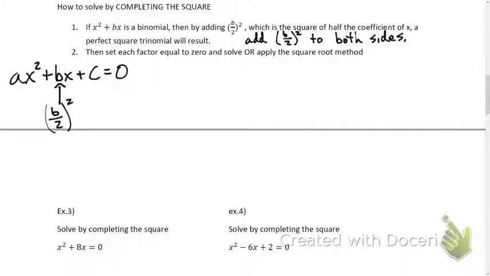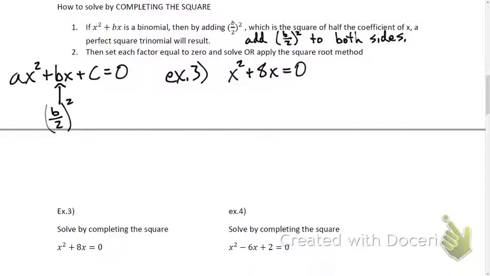And it creates a really nice situation where you can factor. So this is like the combination of all the methods. We'll end up factoring, we'll end up square rooting. Some people like it, some people don't. So let's do example 3. I'm going to do it up here. So I'm looking at x squared plus 8x equals 0.